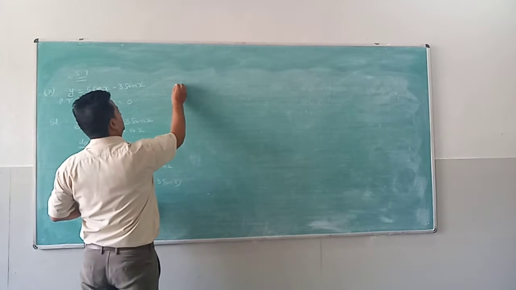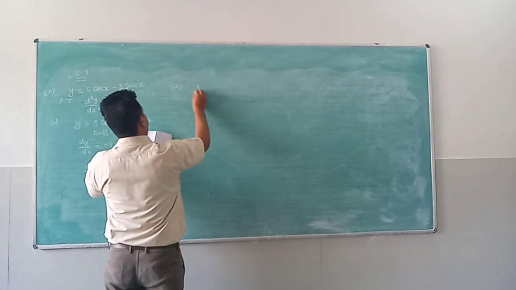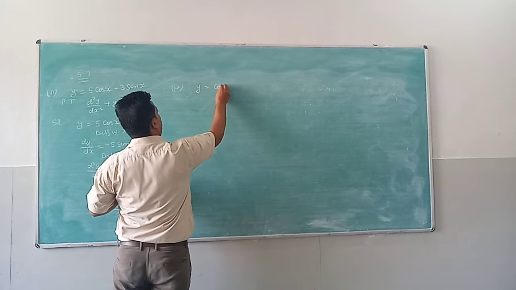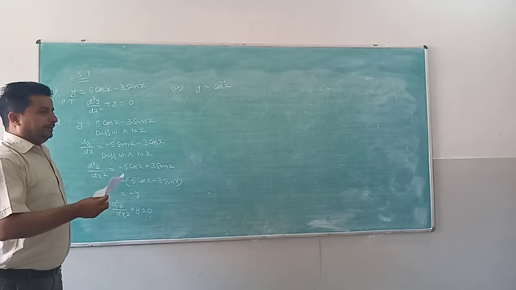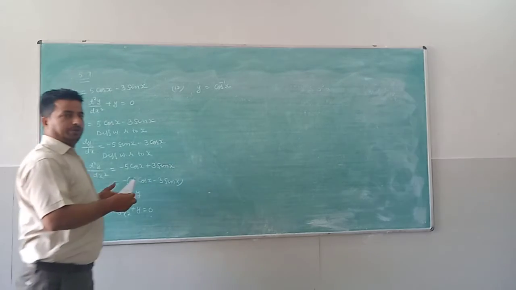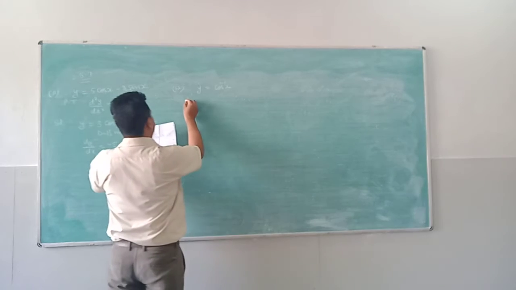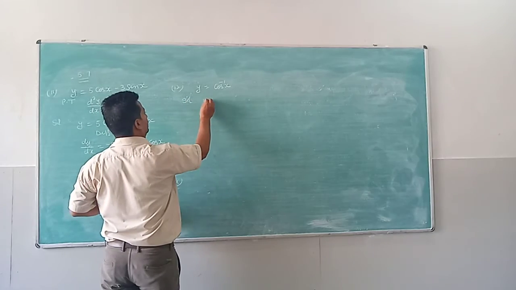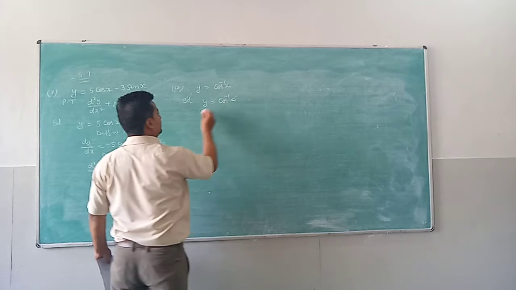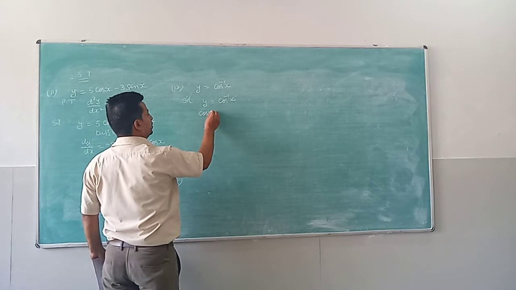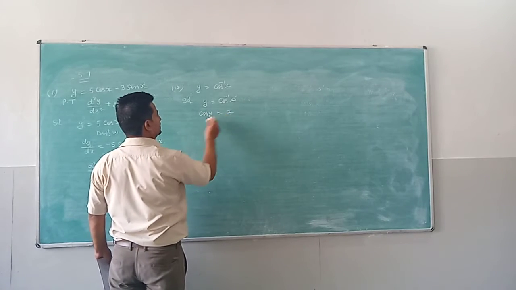In question number 12, the statement is y is equal to cos inverse x. Find d square y upon dx square in terms of y alone. So y is equal to cos inverse x and cos y is equal to x.